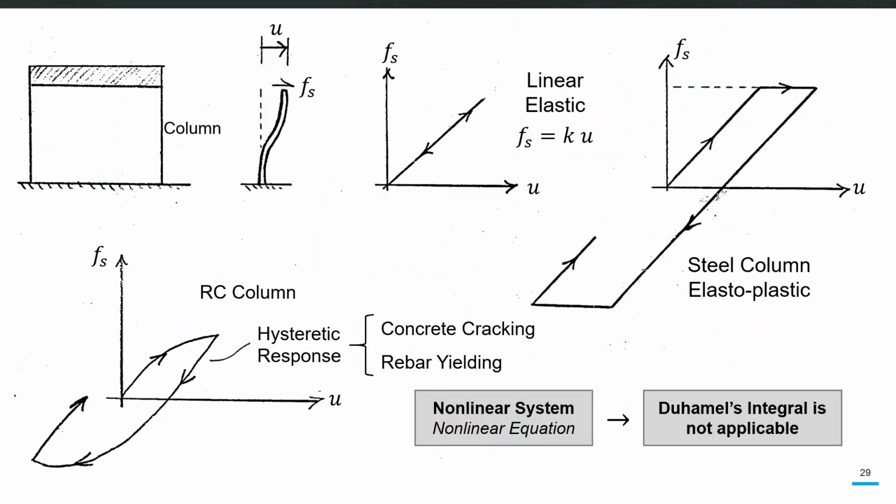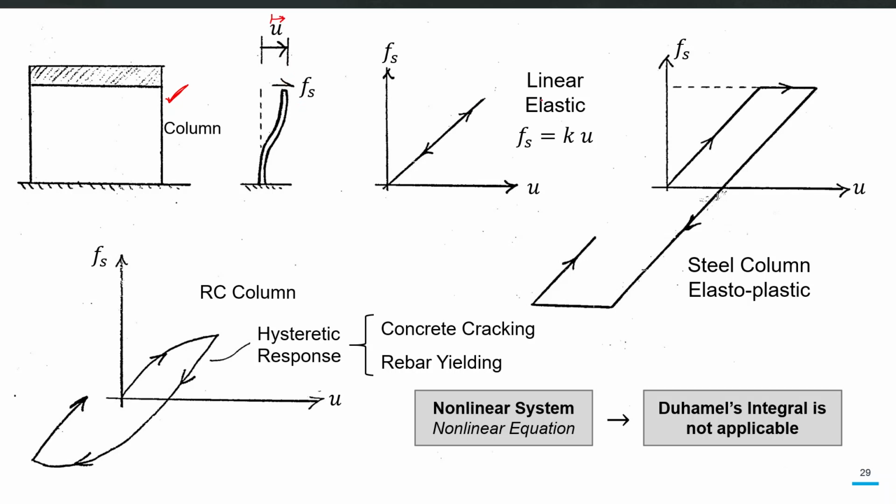To give you an example of non-linear structures, let's see here. For example, you have a column which is part of a structure, and it is developing the elastic restoring force proportional to this u, which is the displacement.